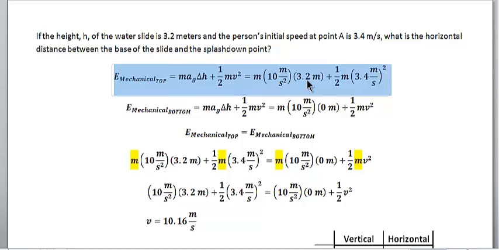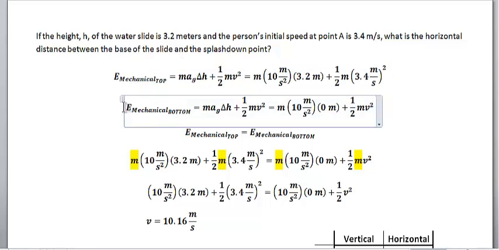Remember I told you in class that we can just take the relative change in potential energy. You don't have to figure out the total potential to the ground and then subtract at the bottom of the slide the total potential to the ground. It all comes out the same way. So mass times acceleration due to gravity times the height of the slide, plus 1/2 mass times the speed at the top, 3.4 meters per second, squared. That's at the top.